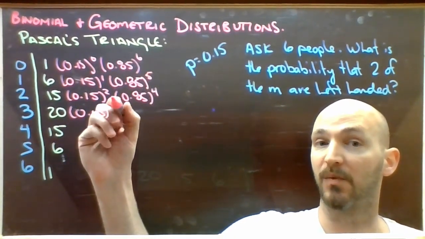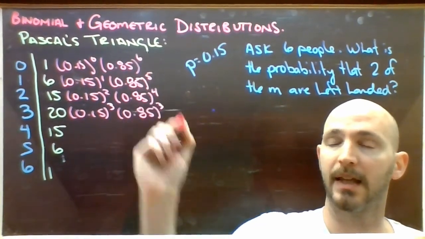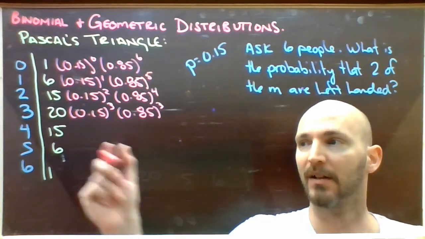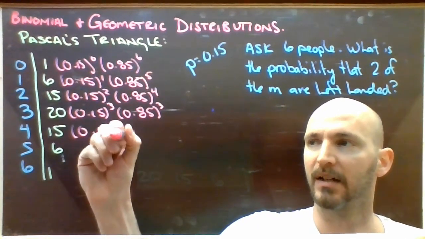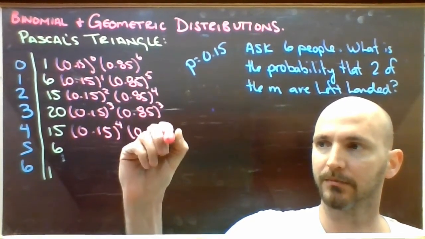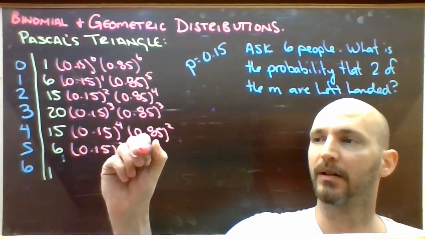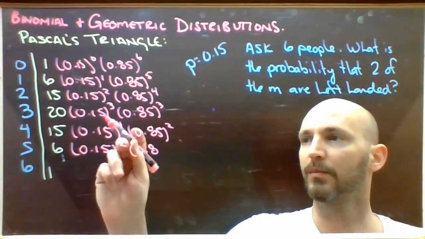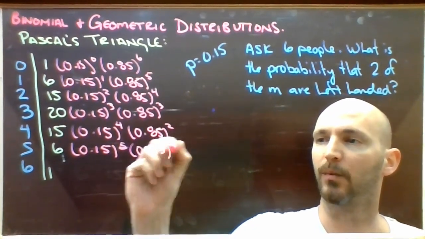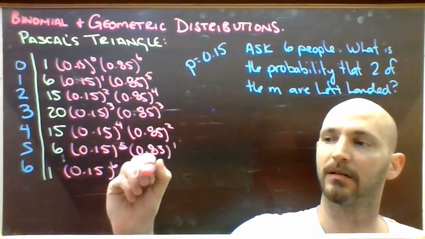This is much faster than what we did before. It's the same thing as we did before, but I know the pattern in advance now. So I just have to jot these numbers in and then quickly calculate the values of each row. 0.15 squared, 0.85. Oop, nope, that's 5. 1. And this would be the probability that they're all left-handed.